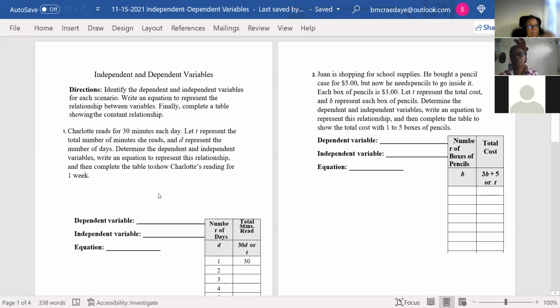So what is the dependent variable? The total minutes she reads is dependent upon what?